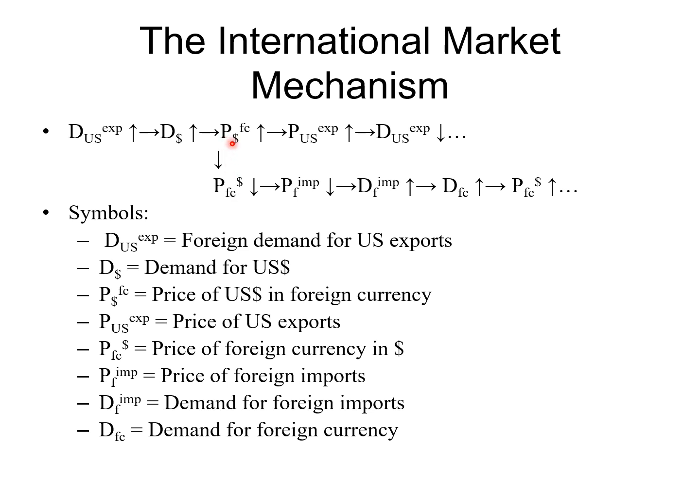So too, we see the reciprocal. If the price of the dollar in foreign currencies goes up as a result of the increased demand, the price of the foreign currency in dollars goes down. Therefore, the price of foreign imports goes down. Therefore, the demand for foreign imports goes up. Therefore, the demand for foreign currency goes up. And therefore, the price of foreign currency goes up.